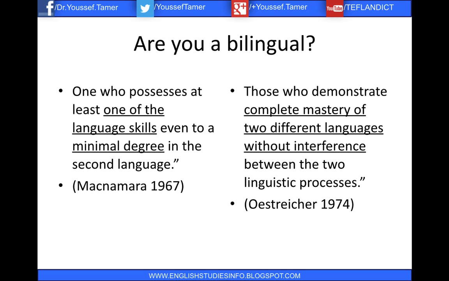So here you can see the difference between sociolinguists. It has to do with the degree of bilingualism, degree of mastery of the two languages. They differ simply in this regard.